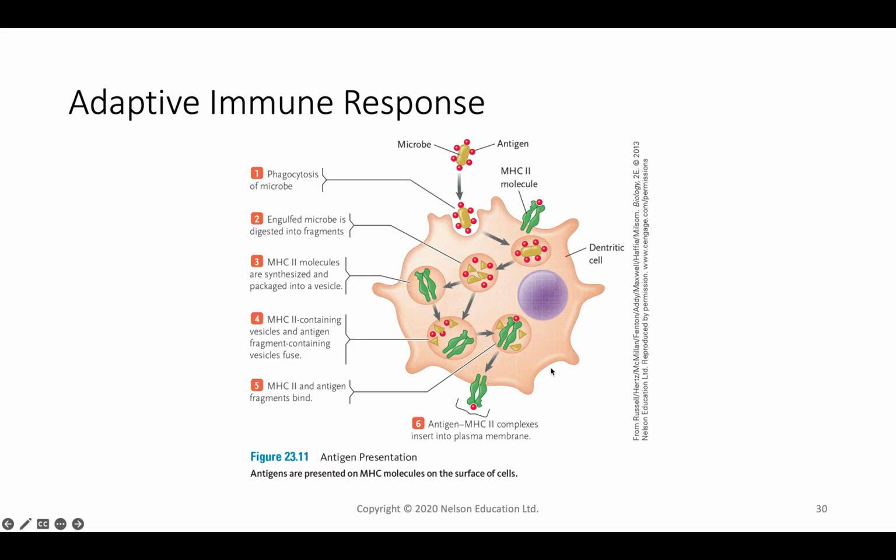Okay, so here we have a microbe. It's got different antigens on the surface. It's going to be engulfed and then digested by this macrophage, right? So once this macrophage digests it, then it's going to take pieces of it and pop them into these MHC2 molecules, which are going to then be protruded from the membrane, so that T cells and B cells can come have a sniff at this antigen and see what this antigen looks like, and then go attack anything that has the same scent, right?